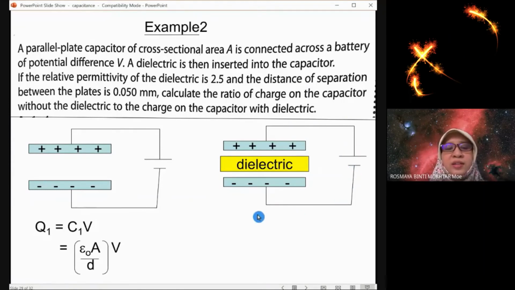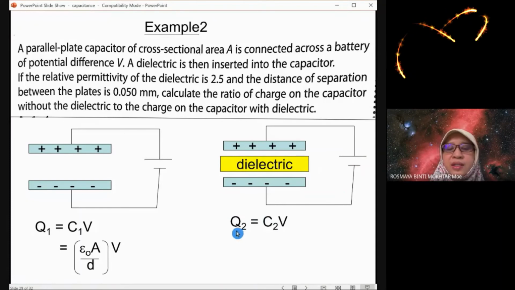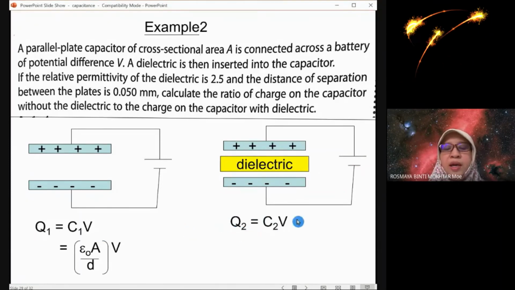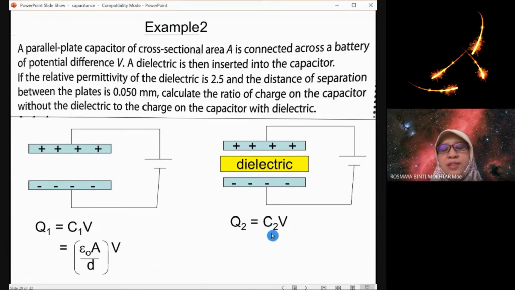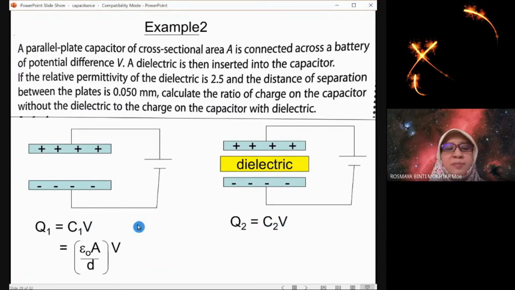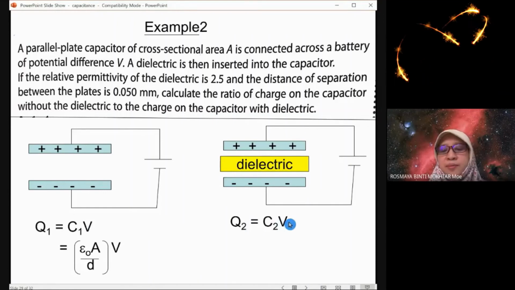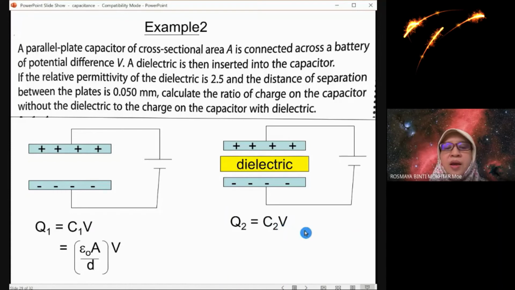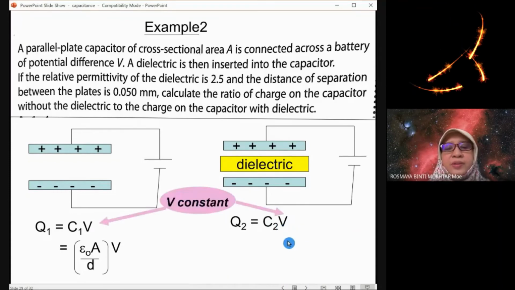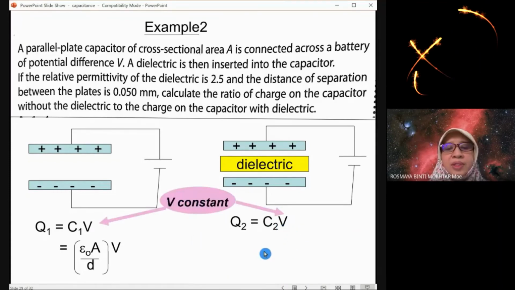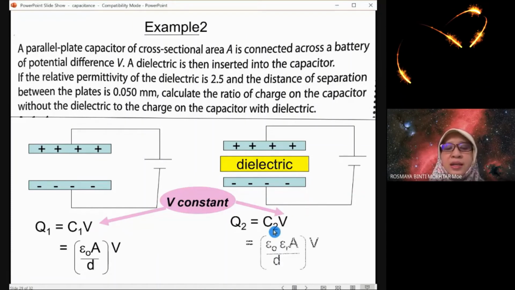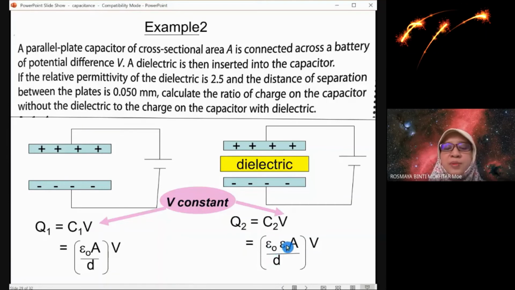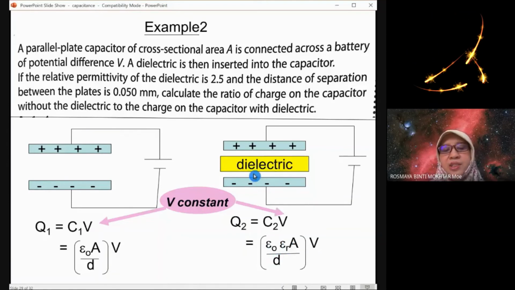So what happened here is Q increases. It's no longer Q1 but Q2, and the capacitance is the new capacitance C2. V remains the same, so we use the same symbol V. Now we substitute the C. It is no longer epsilon naught, but epsilon naught times epsilon R, because we insert the dielectric.